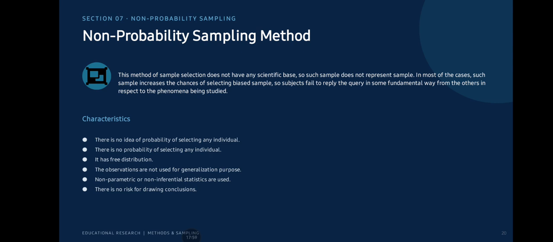Characteristics: there is no idea of probability of selecting an individual. It has free distribution. The observations are not used for generalization purpose. Non-parametric or non-inferential statistics are used. There is no risk for drawing conclusions.